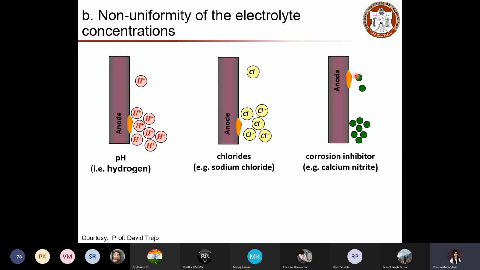So these are some examples which illustrate the different environmental conditions that we can expect at the interface level when we have steel embedded in concrete.